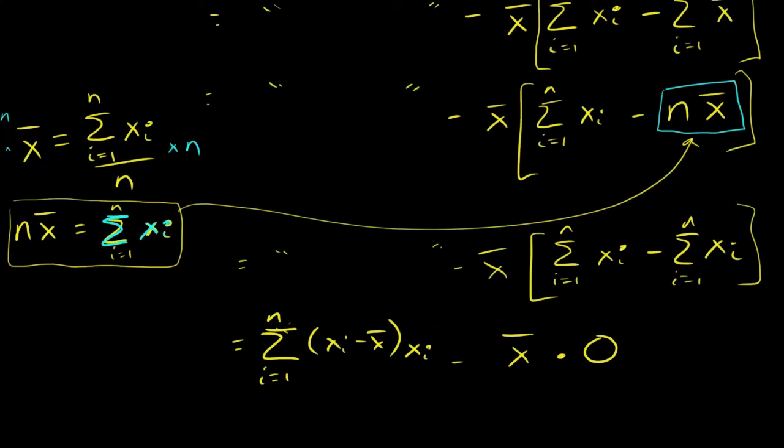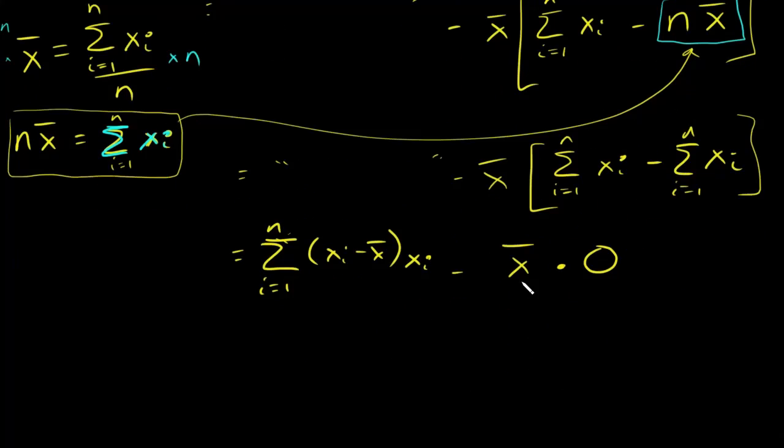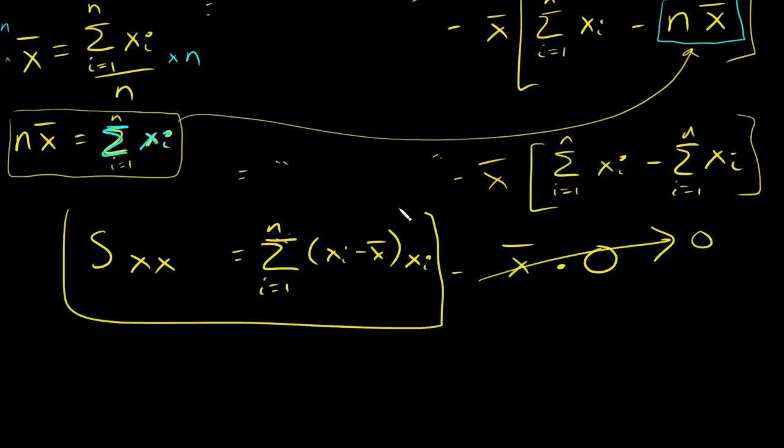So now I've shown that, since this is minus 0 basically, this back piece just goes away. Now we've shown that Sxx is equal to the sum from i equals 1 to n of (xi minus x bar) times xi.